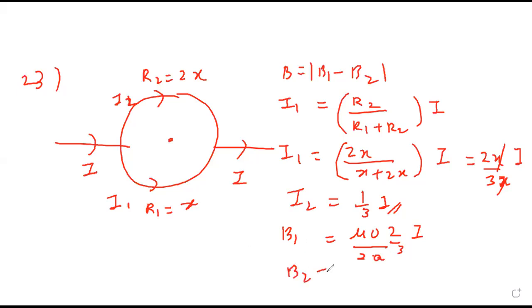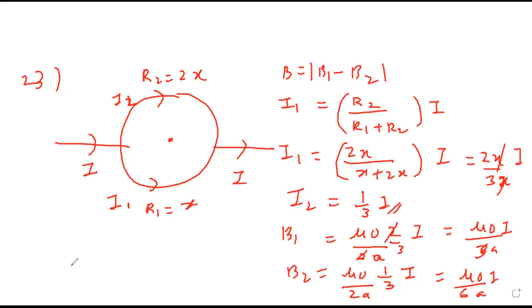And B2 will become mu naught times I, which is 1/3 of total current, upon 2A. The 2 cancels, so B1 is mu naught I upon 3A, and B2 is mu naught I upon 6A.